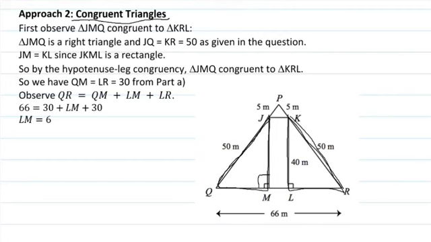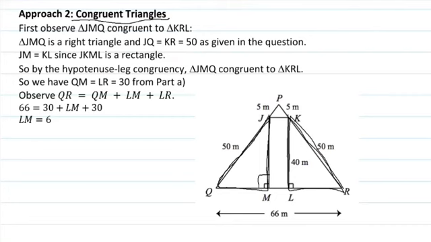Further, side JM is equal to side KL because they are opposite sides of the rectangle JKML. So now in these two triangles, the hypotenuse is the same length, and the length of one of the legs is the same length. And these are right triangles. So by the hypotenuse-leg congruency, we know that triangle JMQ and triangle KRL are congruent.